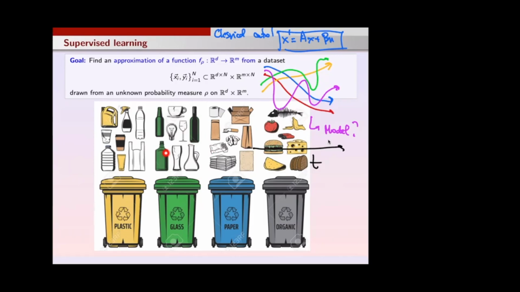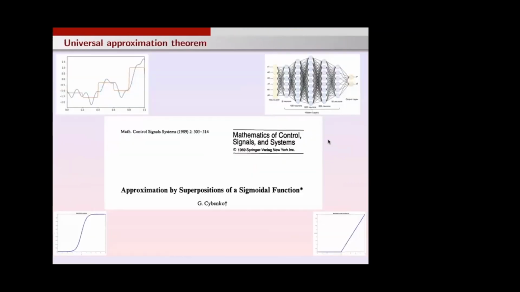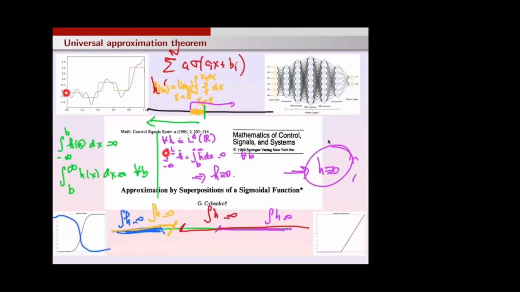Is it true that there are dynamical systems doing this? Yes, there are. Why? Because, as Cybenko said, give me any function and you can build something very, very close to it. It's so close that you will not even be able to see the difference, right?